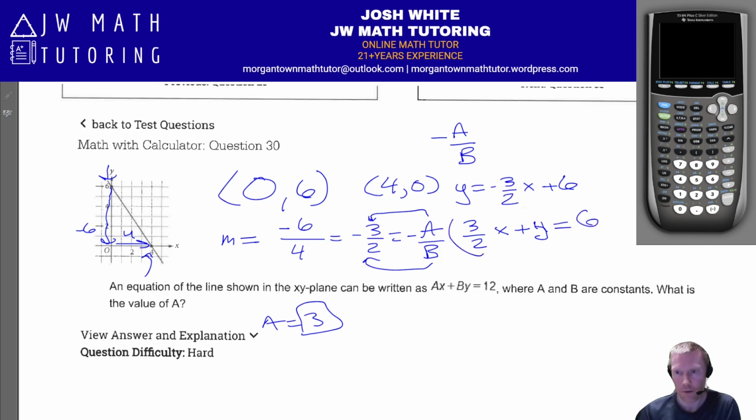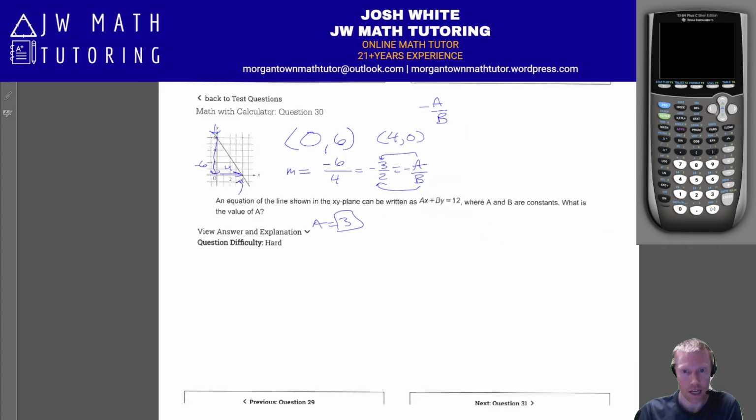Then multiply both sides by 2, and that gives us 3x plus 2y equals 12. Now it matches the form given in the problem because it's equal to 12, which is what we want, and we can easily see that a is in fact 3. So that's an alternate way to get it. Basically, I found the equation of the line in slope-intercept form, and then rearranged it into standard form.